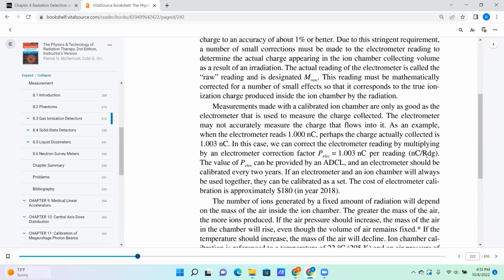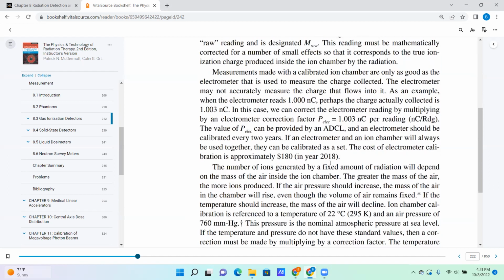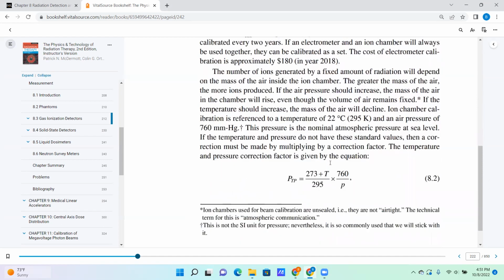The value of P sub elec can be provided by an ADCL, and an electrometer should be calibrated every 2 years. If an electrometer and an ion chamber were always used together, they can be calibrated as a set. And the cost of that calibration is about 180 bucks. Well, it was.